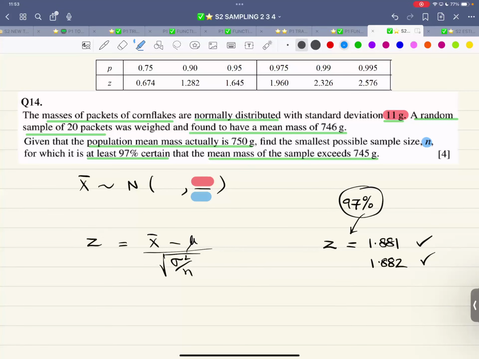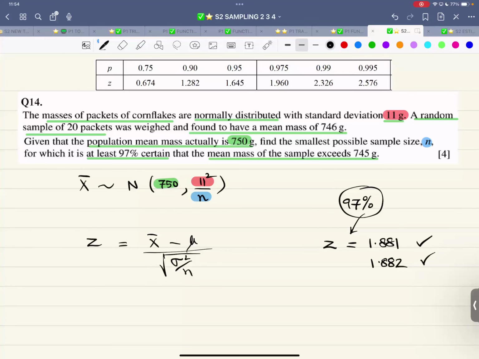Then the third thing is that we have the mean, the mu. So the population mean mass is actually 750. So this 750 will go over here. So let me write it out. This is 750. And this value over here is 11. So this is 11 square. And then we have n that goes over here.